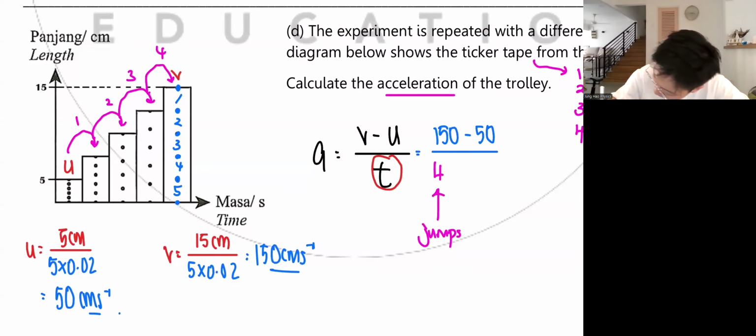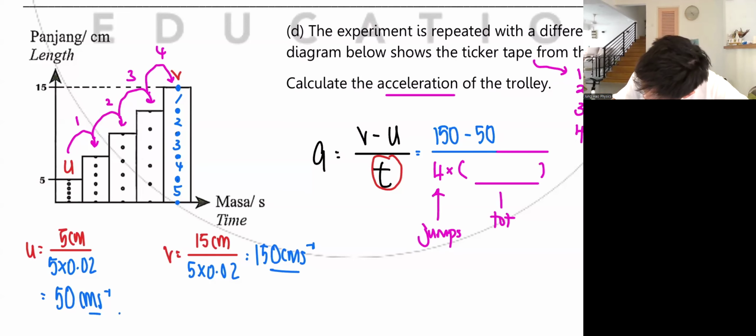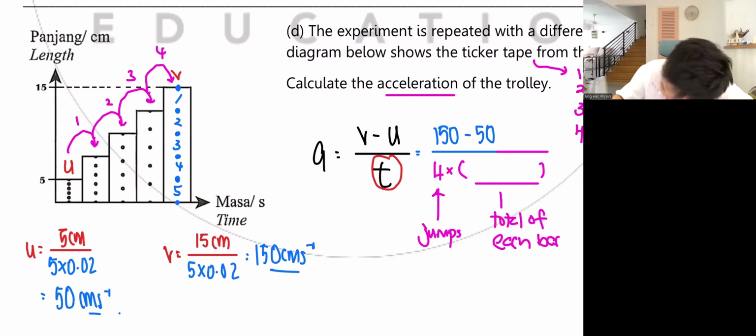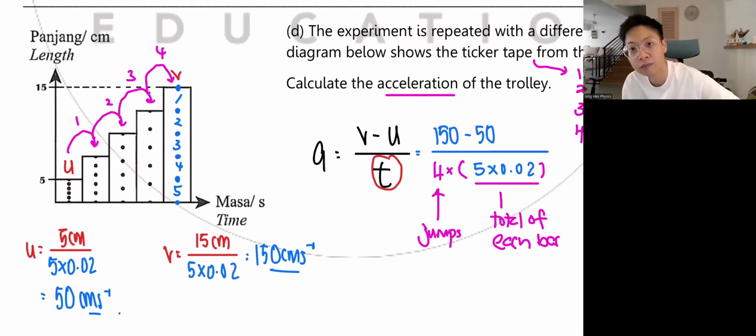Then you have to multiply by the total of each bar, which is equivalent to 5 times 0.02.